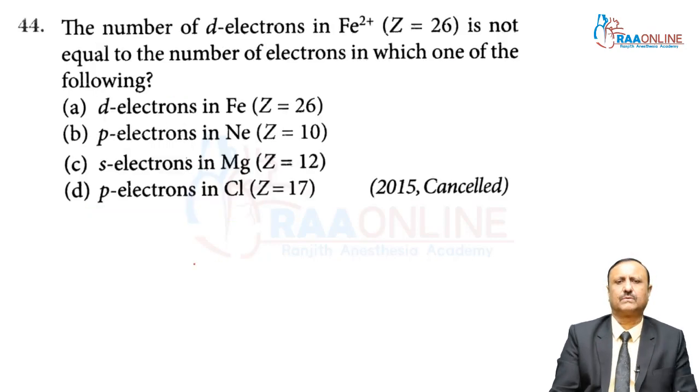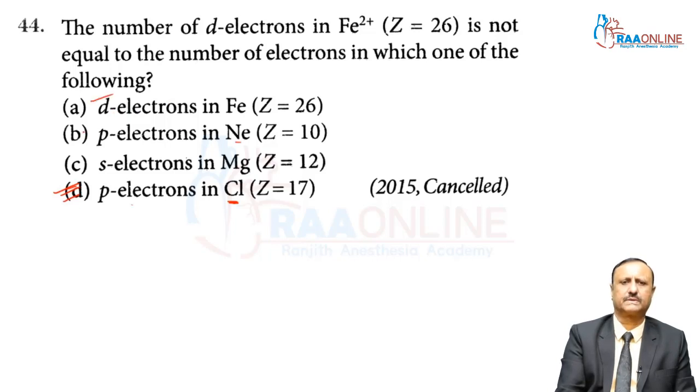Now, question number 44. The number of d electrons in Fe2+ is not equal to the number of electrons in which one of the following? The answer is chlorine. The p electrons in chlorine are not equal, because in Fe2+ the electrons are in d orbitals, d6.